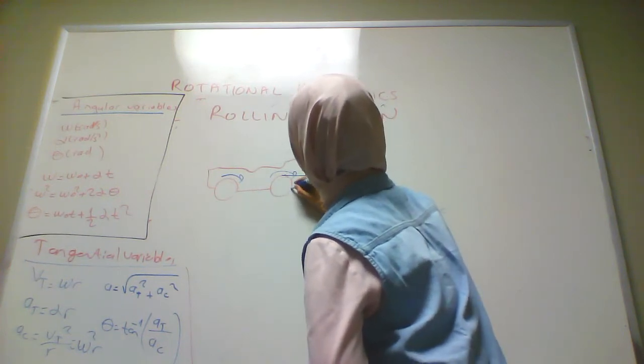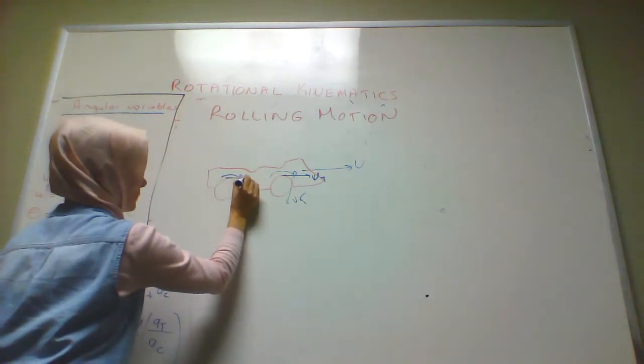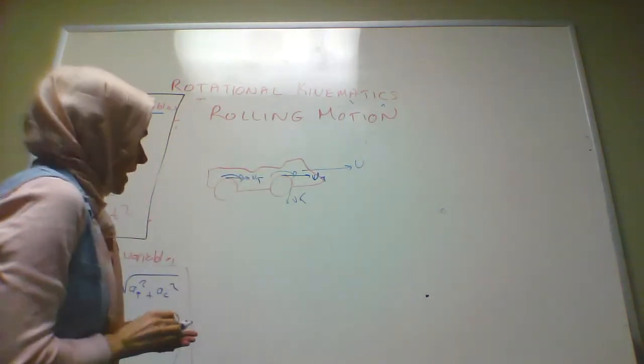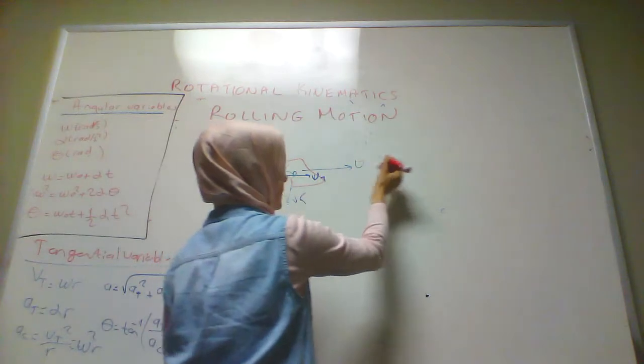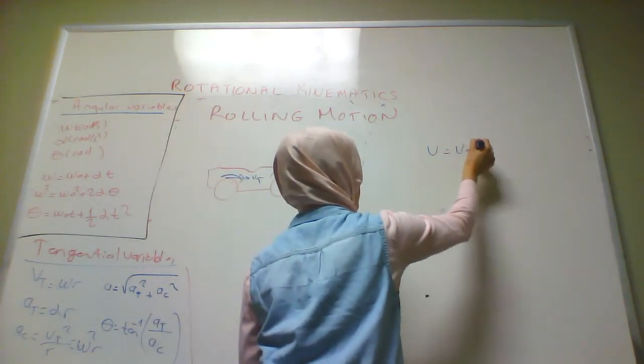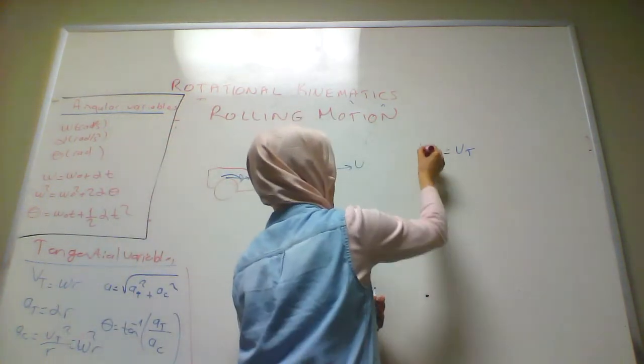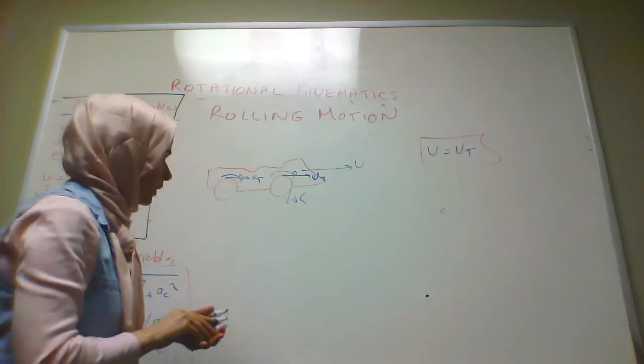Each point will have a tangential velocity. And what we find is that the linear velocity of the car, v, is always equal to the tangential velocity along the edges of the tires.